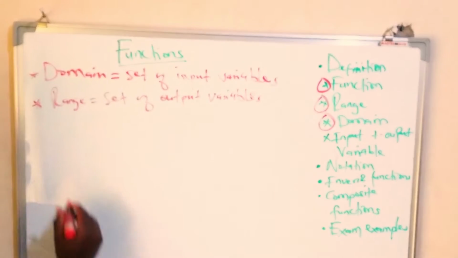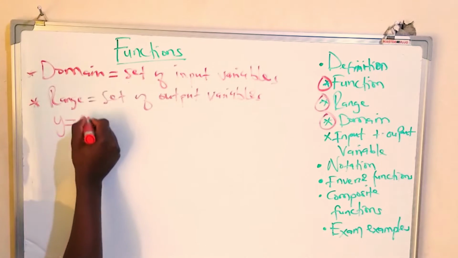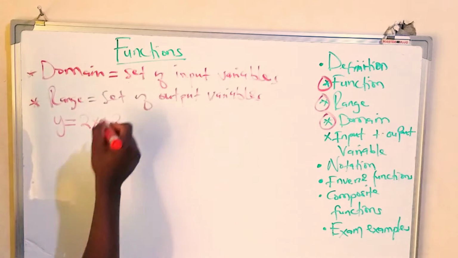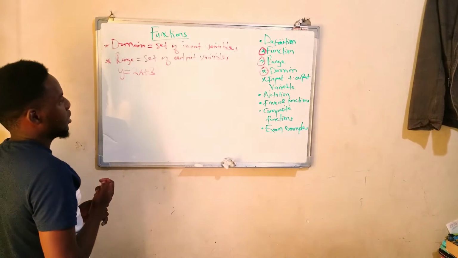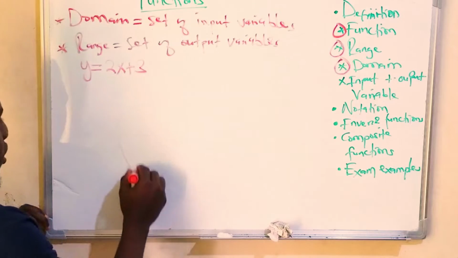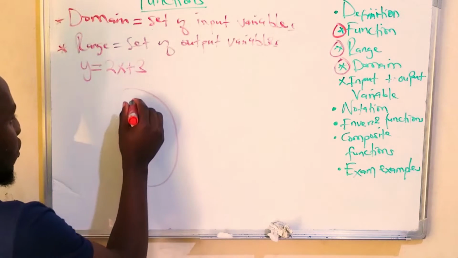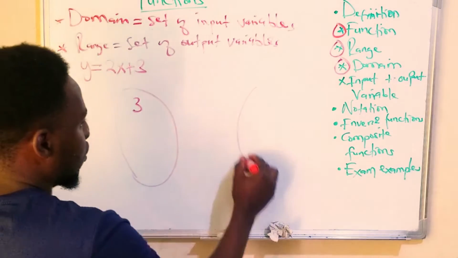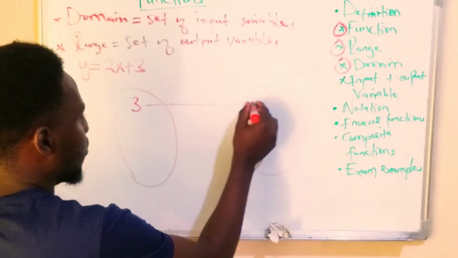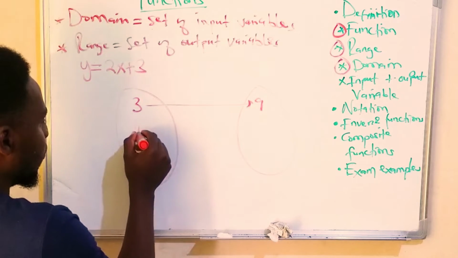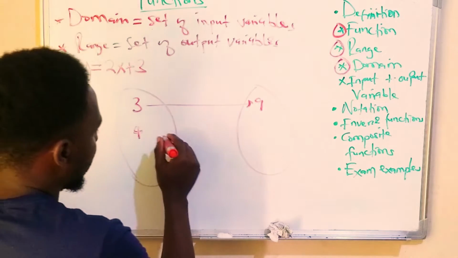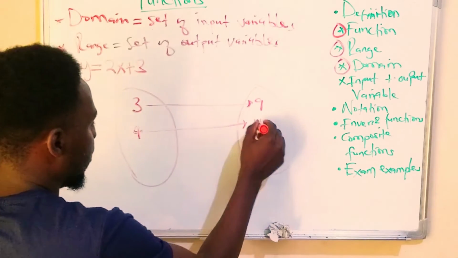Now, remember I said, suppose we take y is equal to 2x plus 3, and I said that when we take x to be 3, you have y to be 9. When you take x to be 4, you have y to be 11.